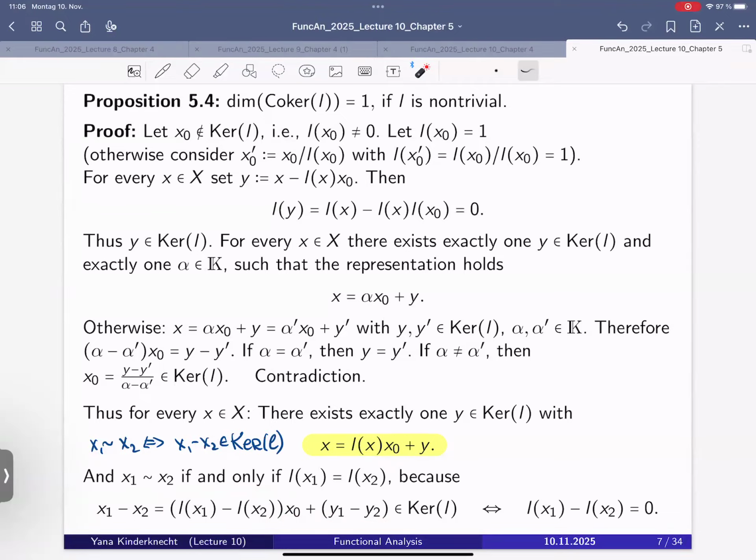So they are equivalent if this holds, that is, if and only if this is 0.